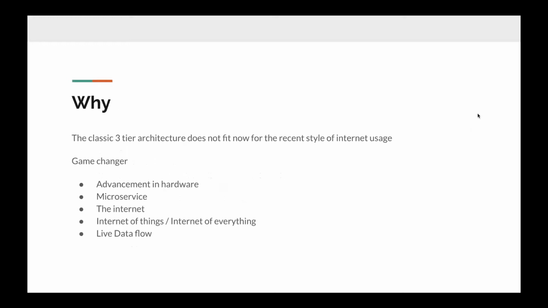Okay, why do I want to learn reactive programming, right? So the classic three-tier architecture does not fit now for the recent style of internet usage. One example is IoT, right? All our devices are connected to the internet.